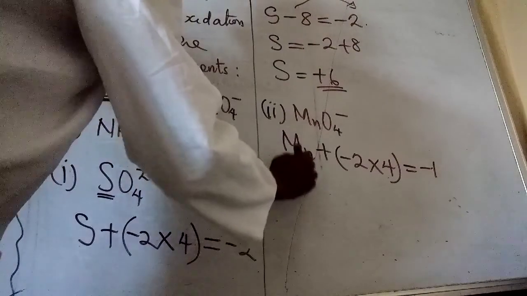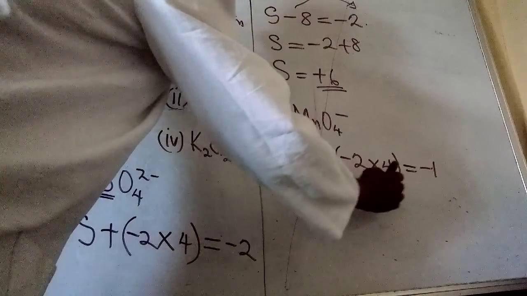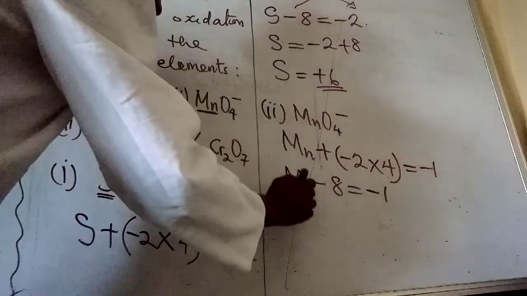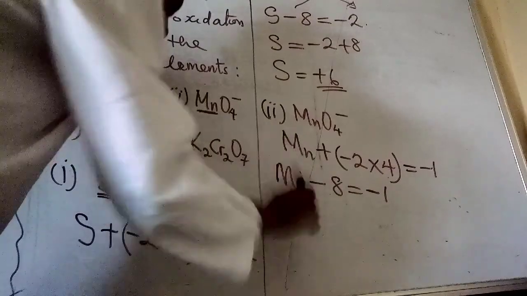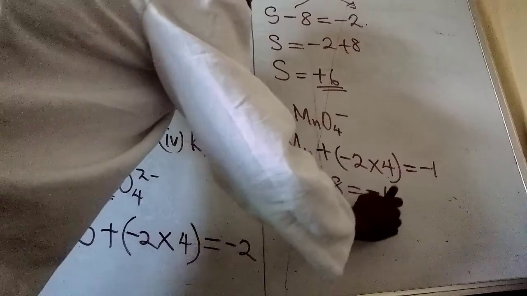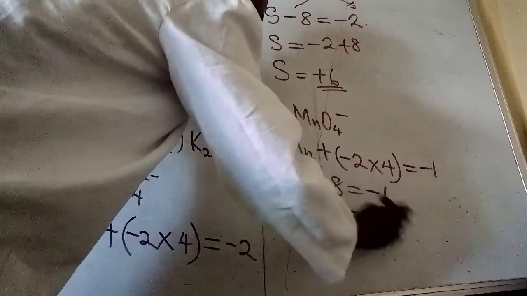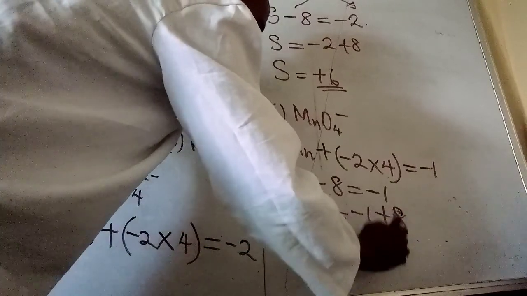So Mn plus times minus will be minus 8 equals minus 1. So Mn, that's manganese, will be minus 1 plus 8. And that will give us plus 7.